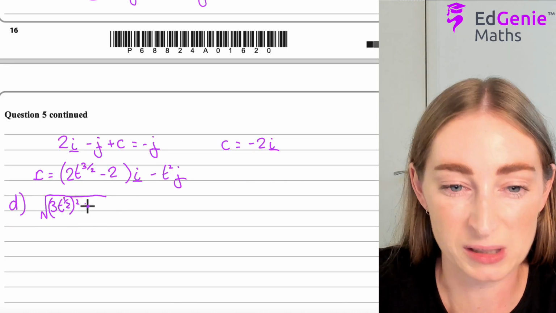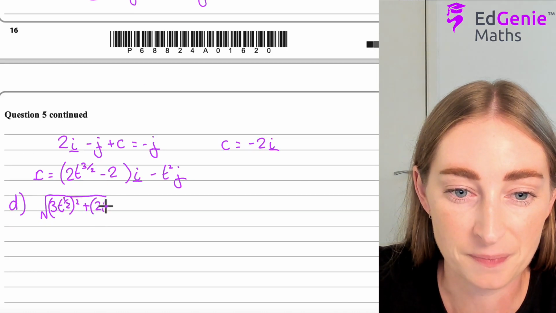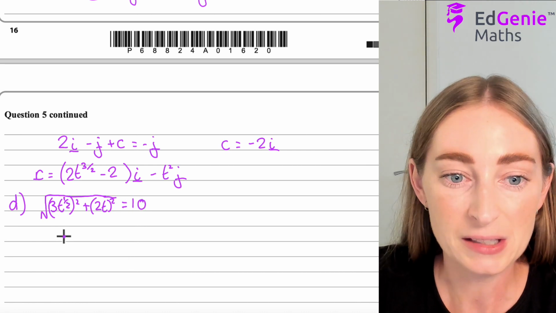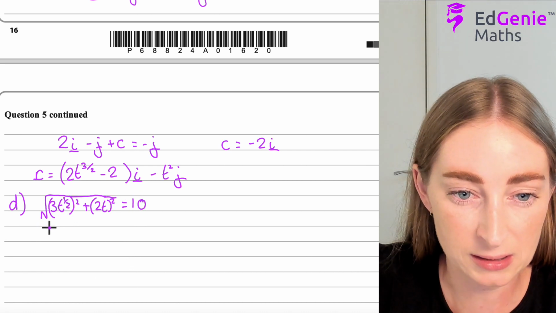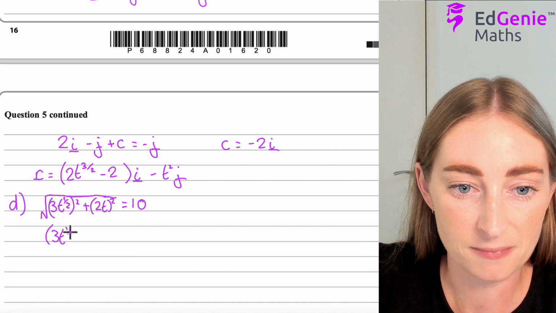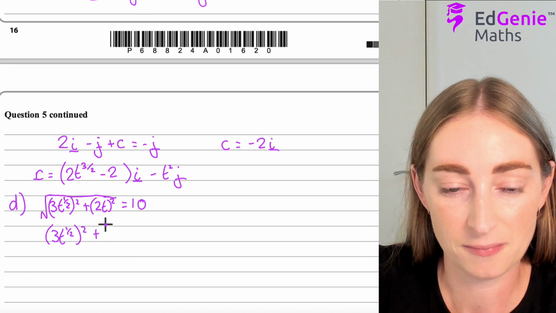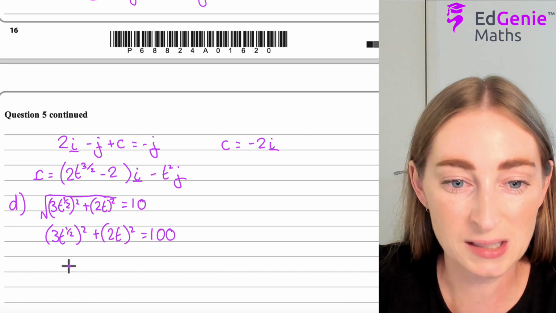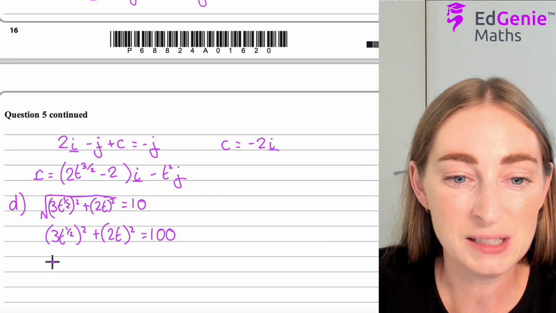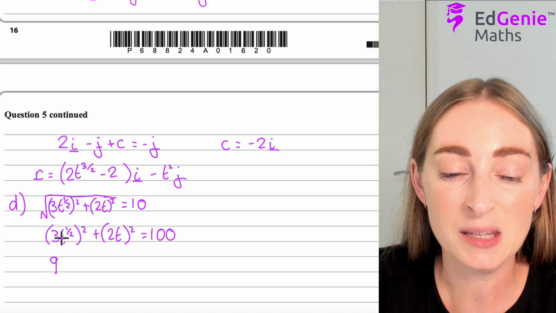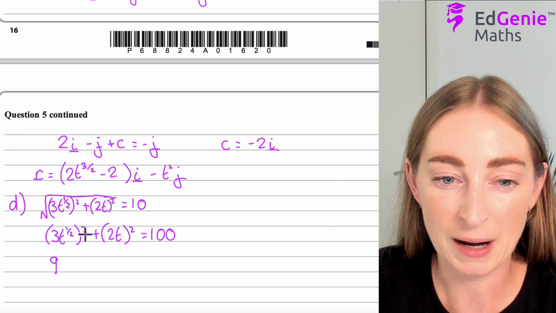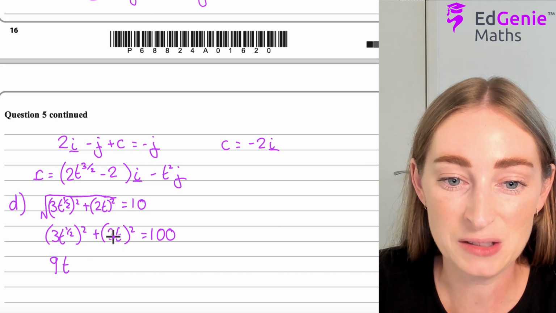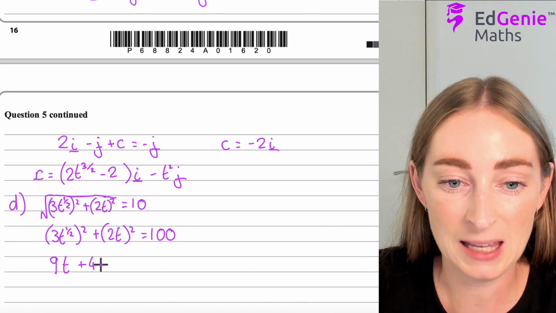We can just put that positive though because we're squaring it anyway. And that is going to equal 10. So let's square both sides. And that's going to equal 100. And let's multiply this out. 3 squared is 9. t to the power of a half, all to the power of 2, that's going to be t. And here, 2 squared is 4, t squared.